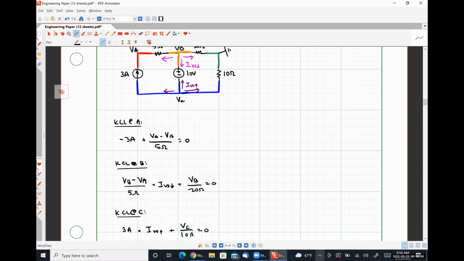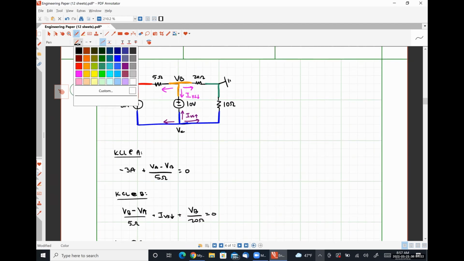Now let's talk about why we can do this. KCL at node B is equal to 0. The sum of the currents flowing out of node B adds together to be 0. KCL at node C, the sum of the currents flowing out of the node equals 0, and 0 plus 0 is equal to 0. So I can add those two nodes together and form what's called a supernode.